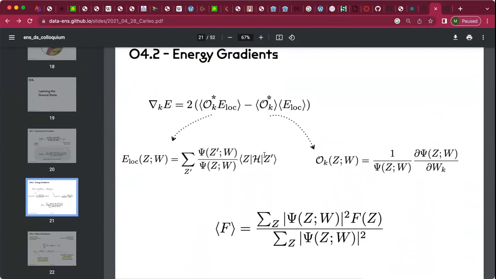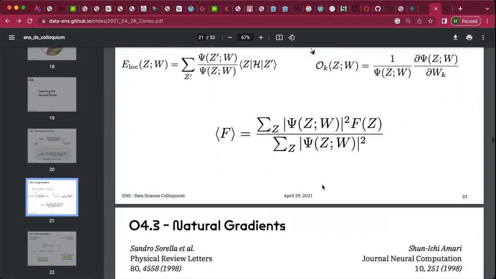And the quantities which we need to optimize are these integrals here, where this O is the derivative of the trial wave function. In this case, it has been written in terms of the parameters we want to optimize, and Z is then the position which we have. So this is essentially what we have been dealing with in project 1 and building up.